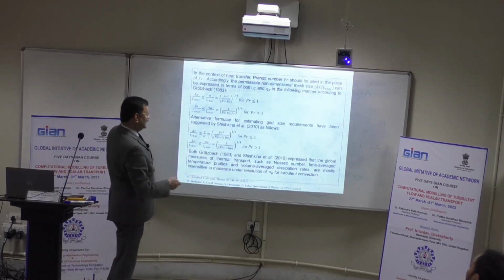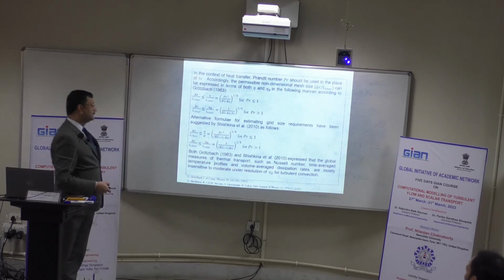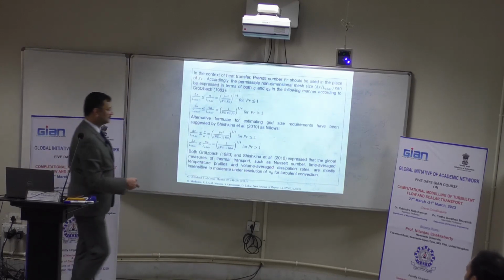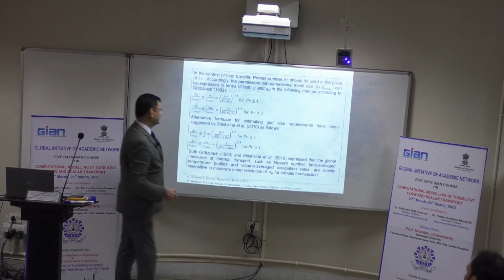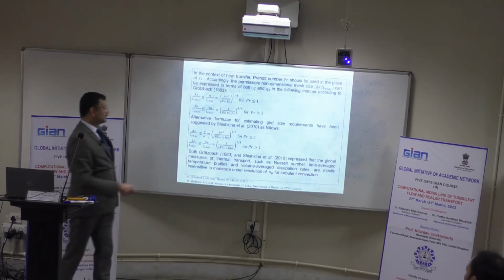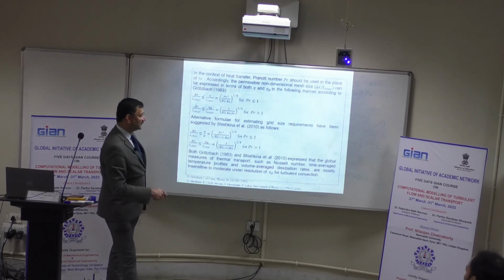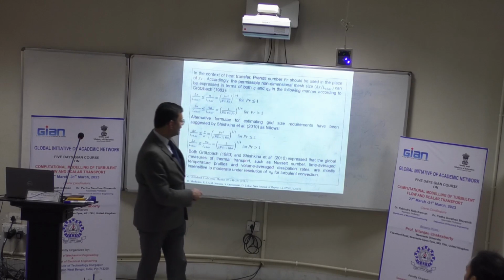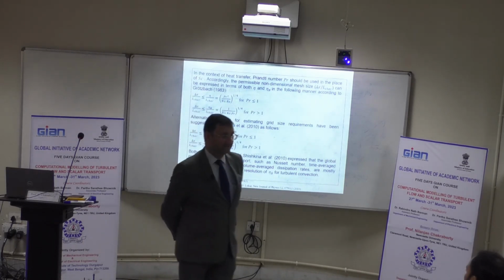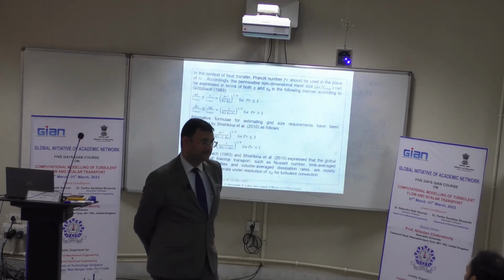So they essentially included global measures of thermal transport such as Nusselt number, and they showed that time average, temperature profile, volume average, dissipation rates are insensitive to the under-resolution of Batchelor length scale mostly.